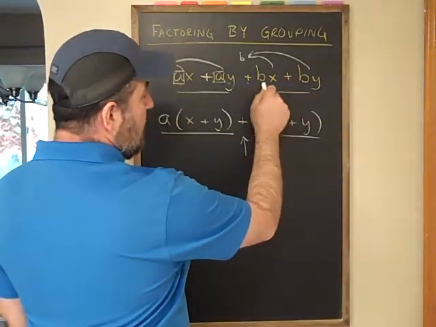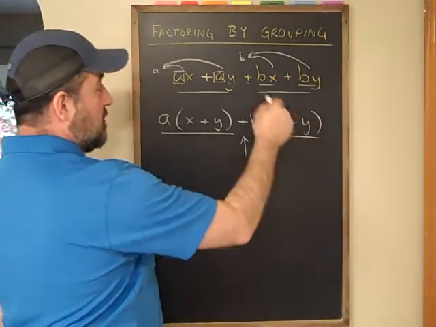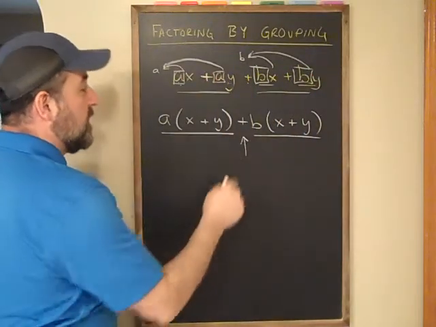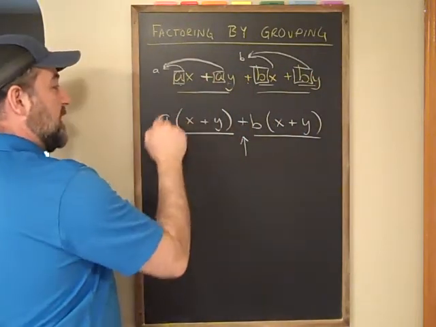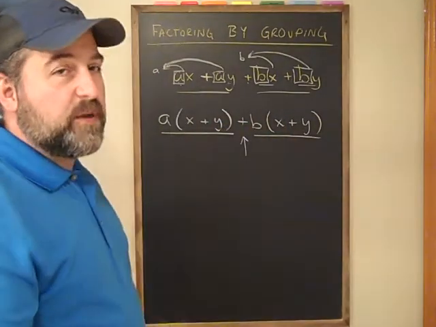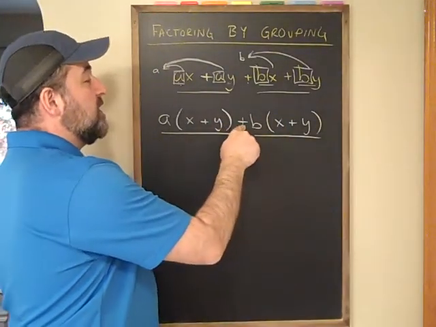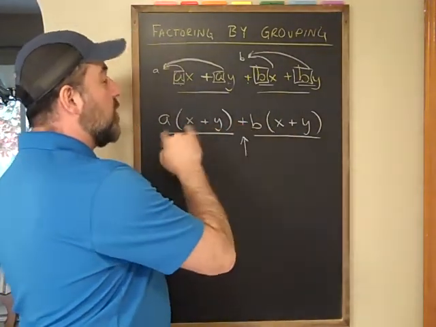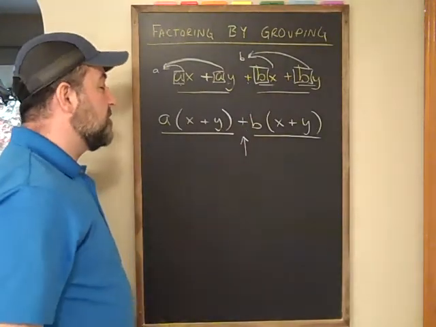That plus right there made us have those two terms, both of which had that factor of b that we factored out. Now that plus is making these two terms. Remember, terms are expressions separated by addition. So this expression and this expression are each terms because of that plus.